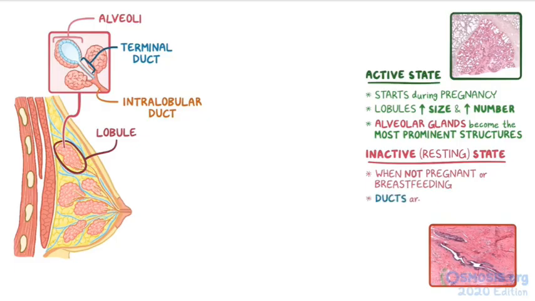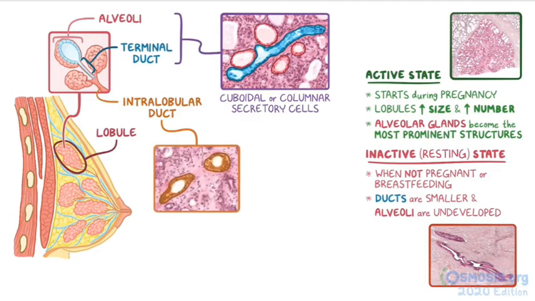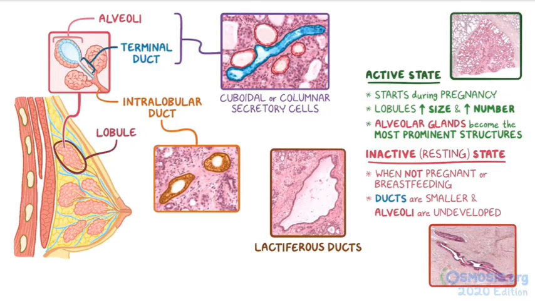In this state, the ducts are smaller and the secretory alveoli are undeveloped. In both states, the alveoli and terminal ducts are lined with cuboidal or columnar secretory cells. The intralobular ducts will have 1 to 2 layers of cuboidal cells, and the lactiferous ducts will have 2 layers of columnar or cuboidal cells.